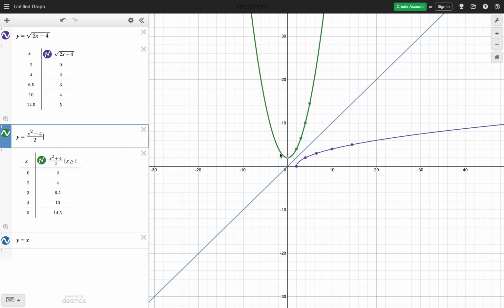Strictly speaking, that's not the inverse; it is too much to be unequivocally the inverse of the square root of 2x minus 4. So to represent this portion, I have to trim off the excess here. Throughout, you have the x and y values interchanged, and symmetry with respect to the line y is equal to x.